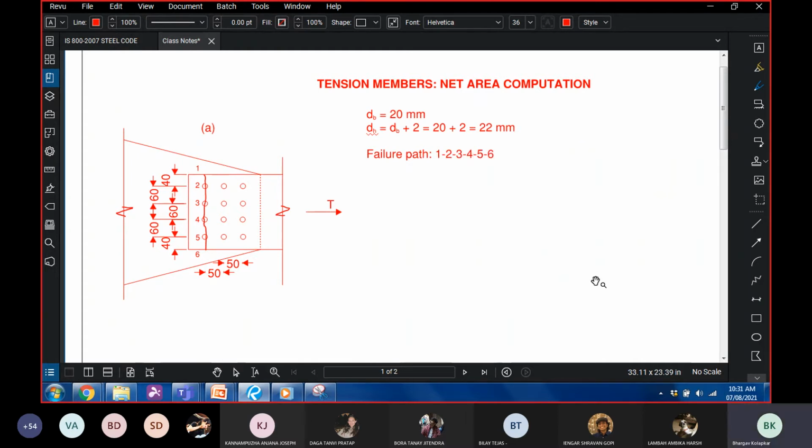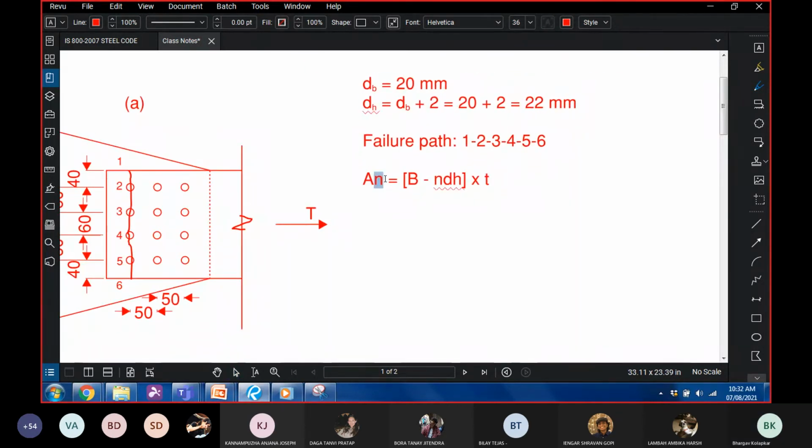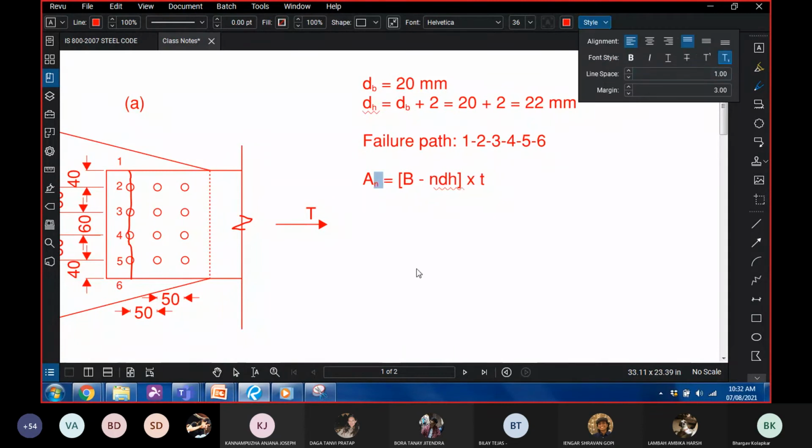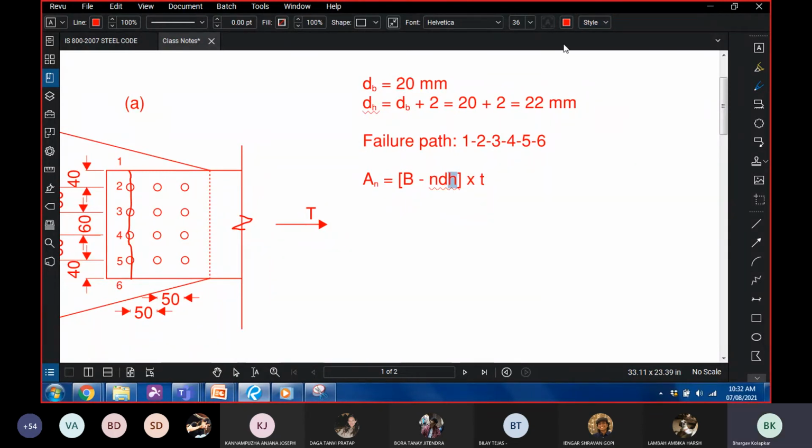The net area in this case is equal to B minus n times d_h times t.